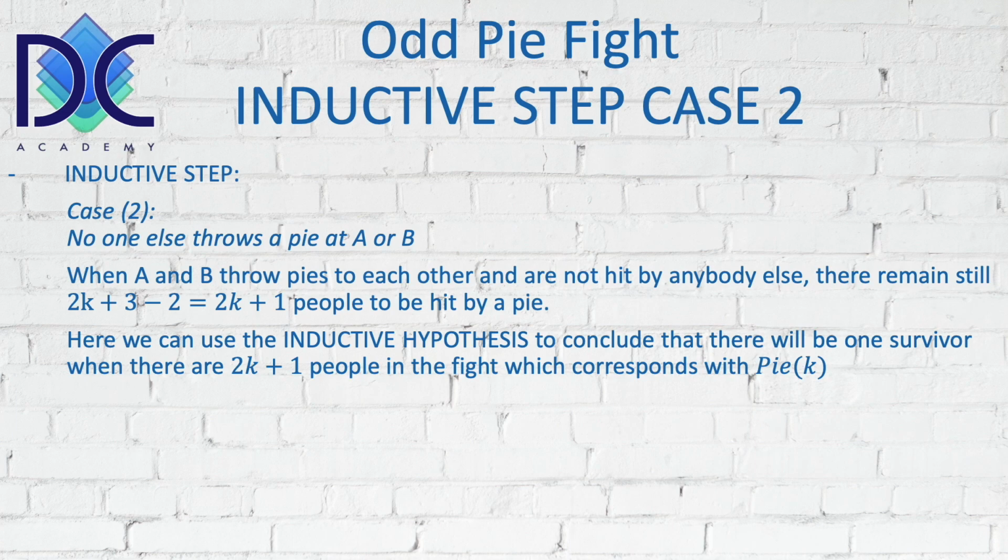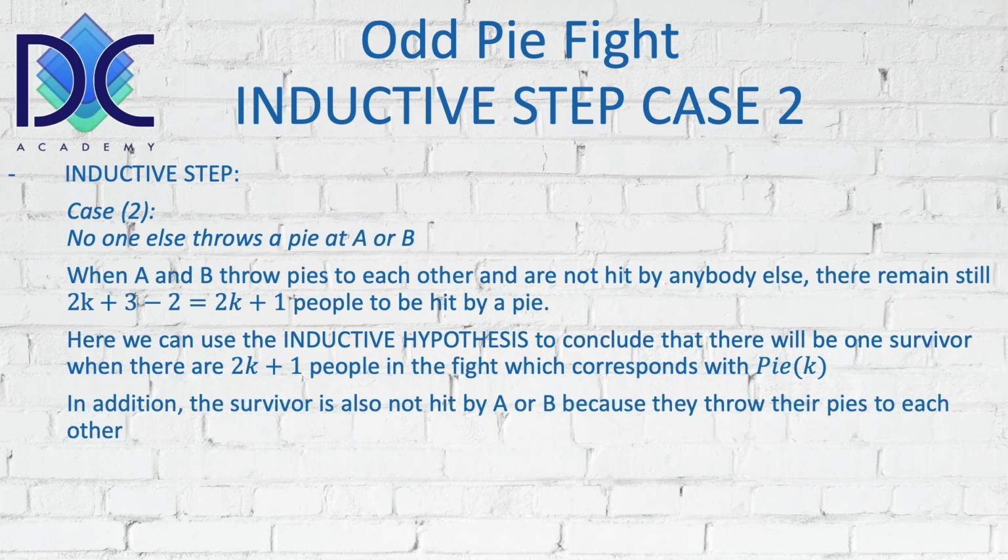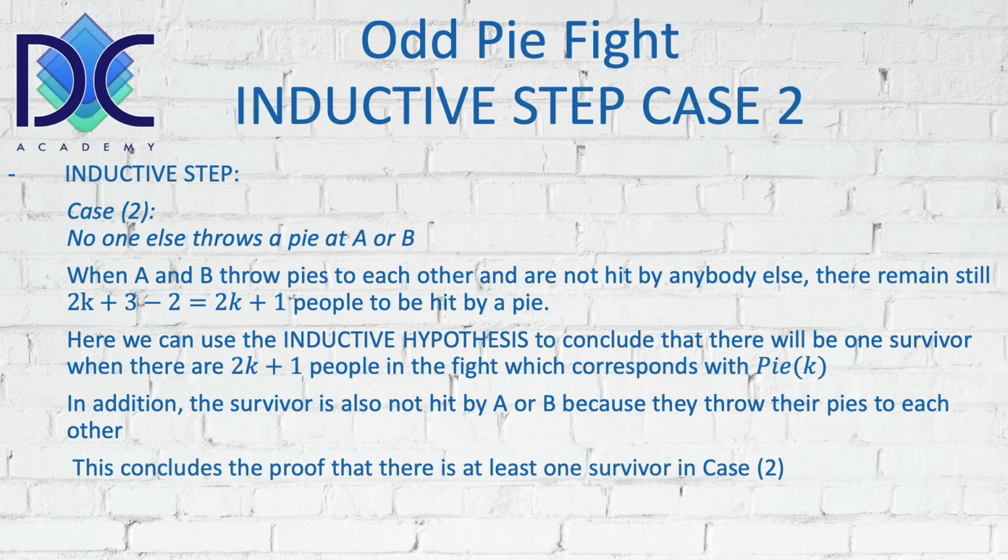So what we can say is that this complies with the inductive hypothesis that we used before, so that there will be one survivor when there are 2k plus 1 people in the fight, which corresponds with P(k). So based on this, we can say that the survivor is also not hit by A or B because they throw their pies to each other, and this means that in case 2, there is at least one survivor as well.